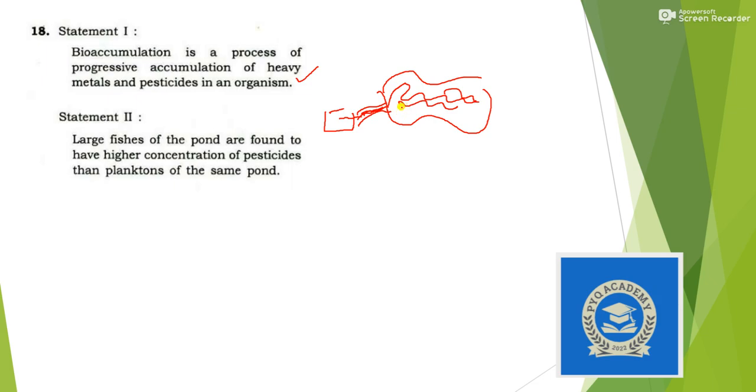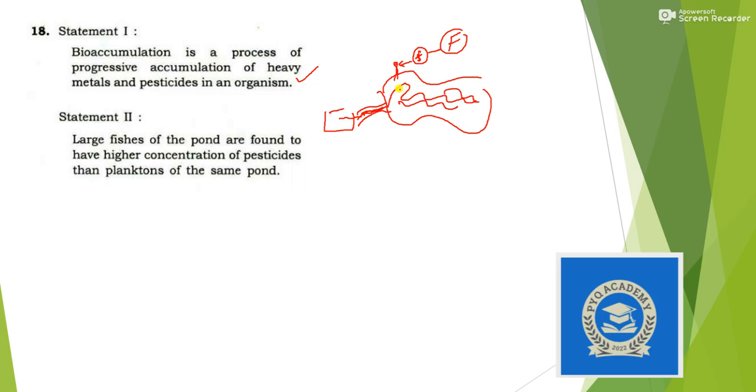From this water the plants will contain these pesticides, and when these small plants are eaten by small fishes, they will contain them, and when these small fishes are eaten by large fishes, they will also contain pesticides.